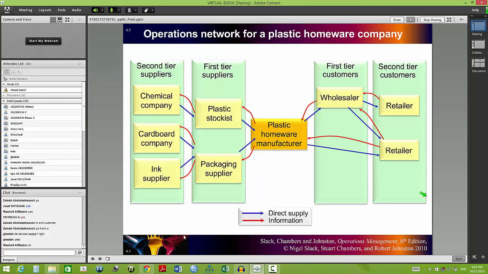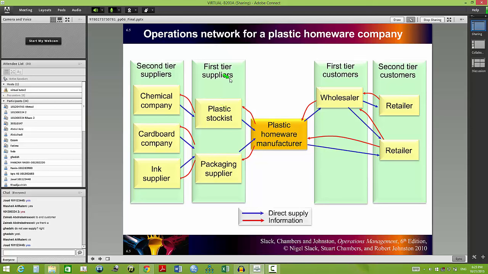So here we have an example of a typical supply network. For example, this is a plastic homeware manufacturer, a plastic factory, and this manufacturer takes the plastic from their main suppliers.